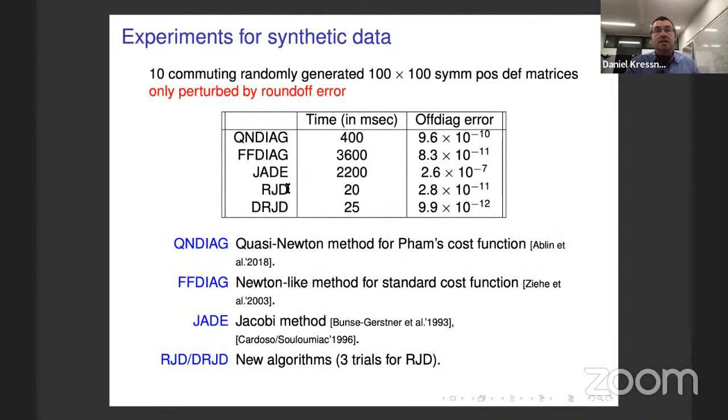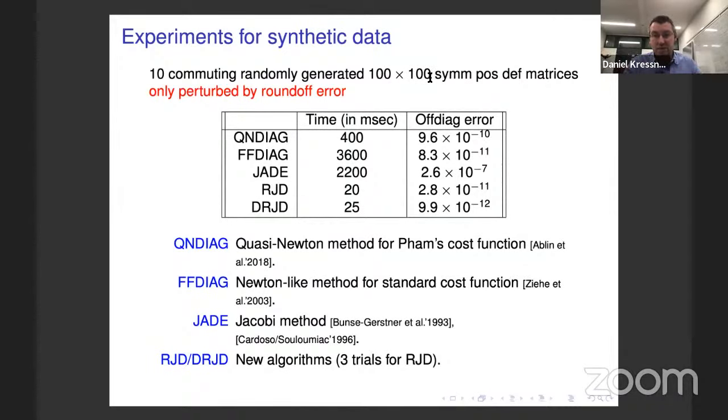Let me show you some experiments to give you an idea how this method works. For synthetic data, we just generated 10 commuting randomly generated 100 times 100 symmetric positive definite matrices.